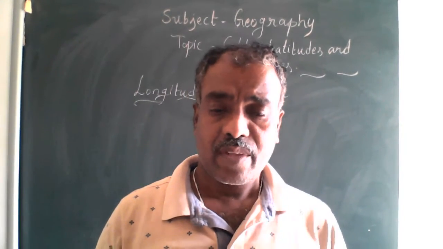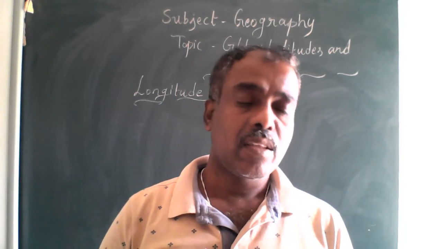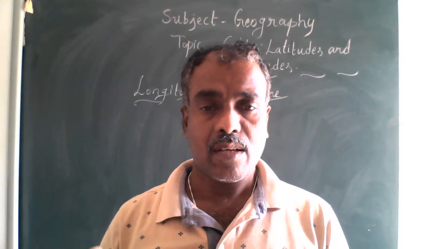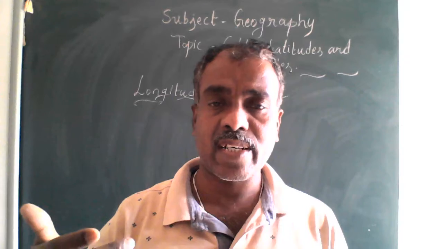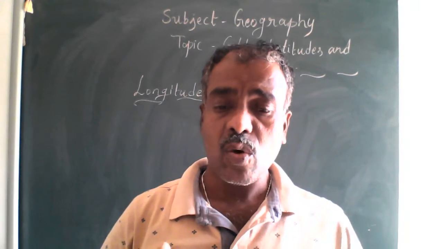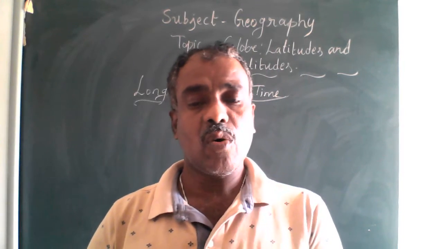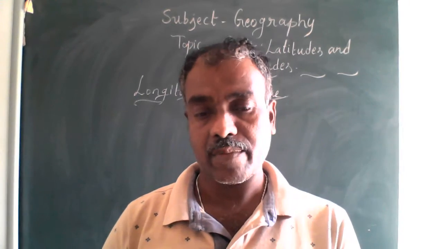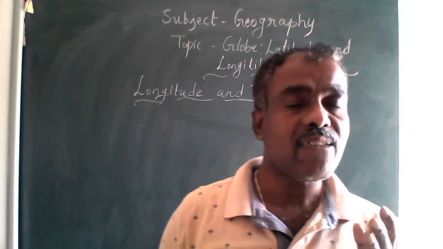Here, how are we going to calculate the time, because different countries and subcontinents are located in different places of the earth? Actually, we are measuring time by the movement of the earth.